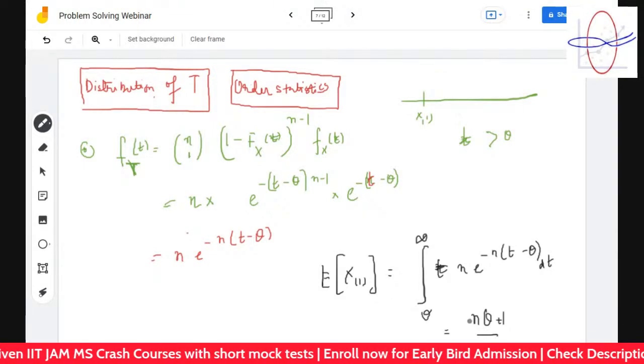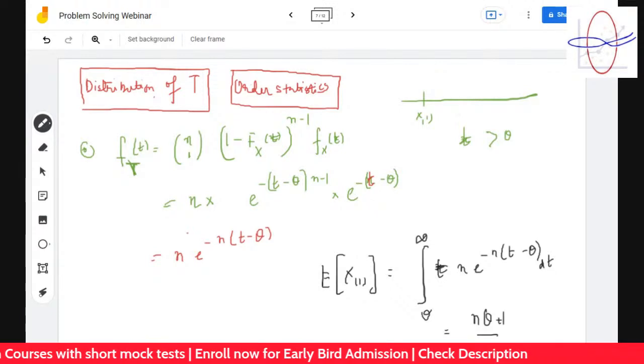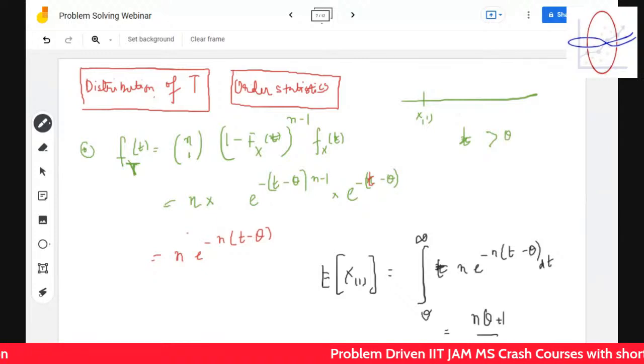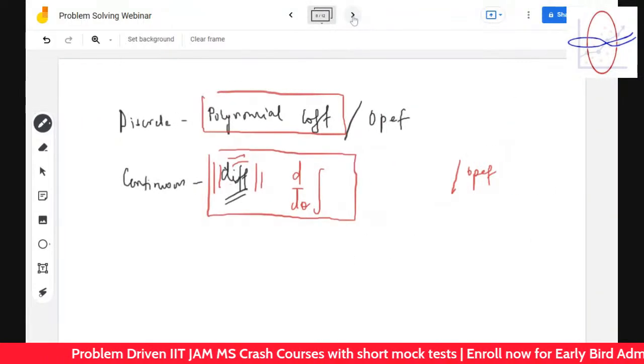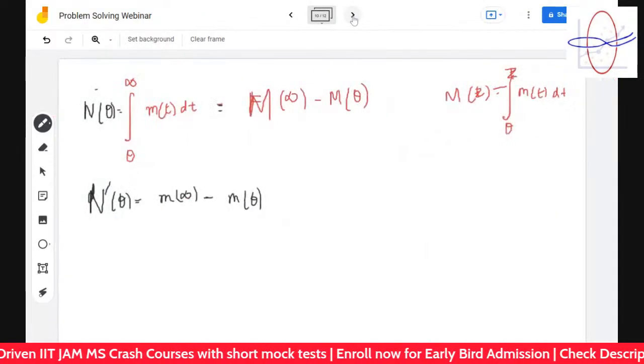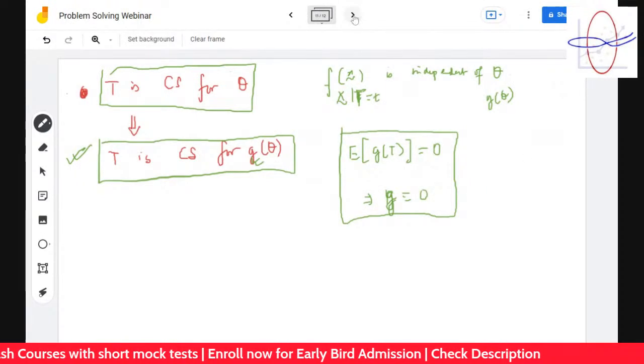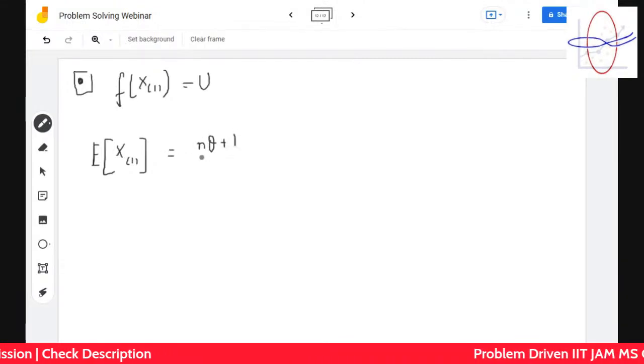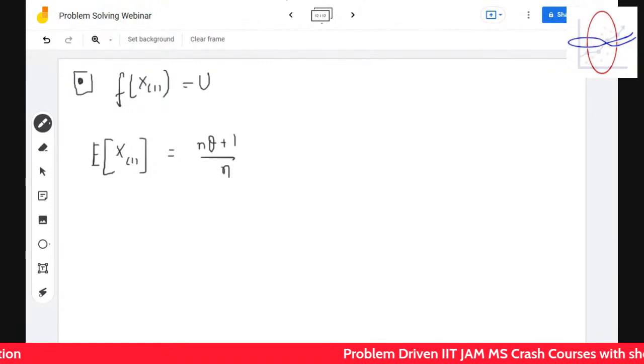So you can understand that we can get an UMVUE, an unbiased estimator for theta but not theta squared. Okay, so we have got that expectation of x1 is equal to theta plus 1 by n.